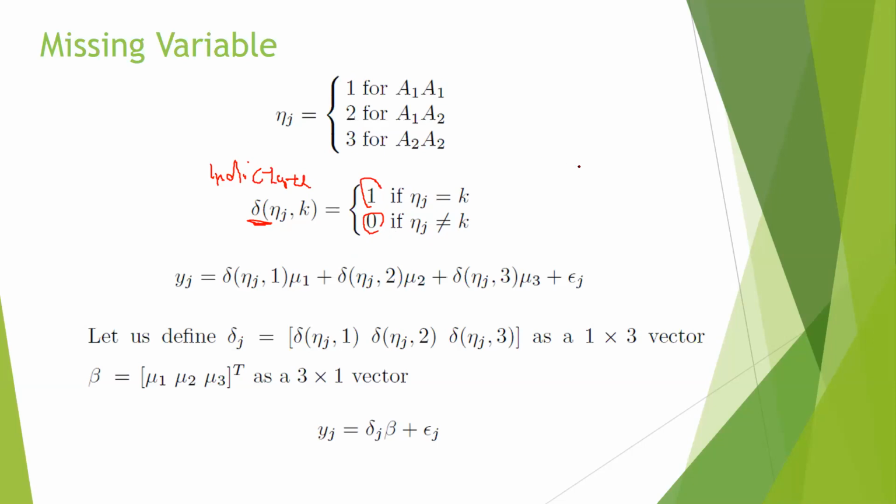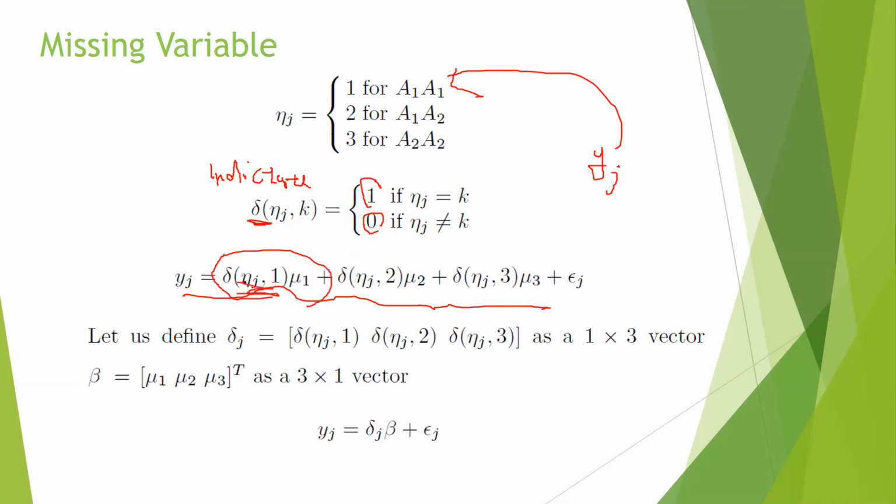So for example, if this one comes from here, then look at this mixture model. This one will be effective because the whole thing here is 1, right? And we're going to include the average of the first population into the model. But here, this becomes 0, so we're going to eliminate these 2 terms here. So indicator means this. Does that make sense to you?